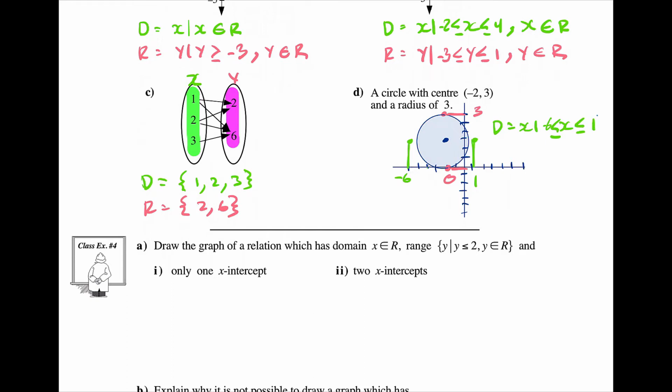And I may have to shrink this down a little bit so I can fit it in there. x is a subset of all real numbers. And what about y? Well, that's the range, and y is such that y is greater than or equal to 0 and less than or equal to 3, and y is a subset of all real numbers.